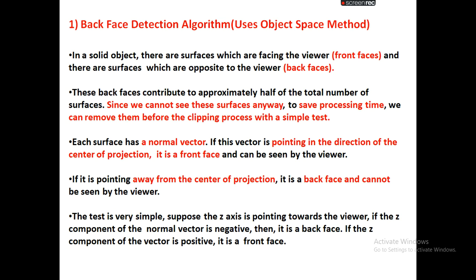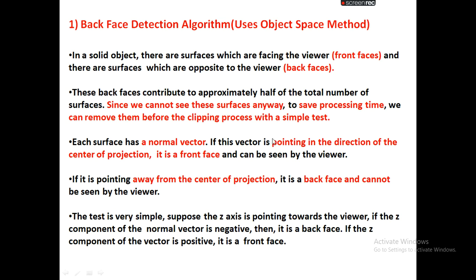As I wrote in the third point on this slide, each surface has a normal vector. Whenever you want to check whether a surface is a front face or a back face, for every surface we need to draw the normal vector perpendicular to that surface.